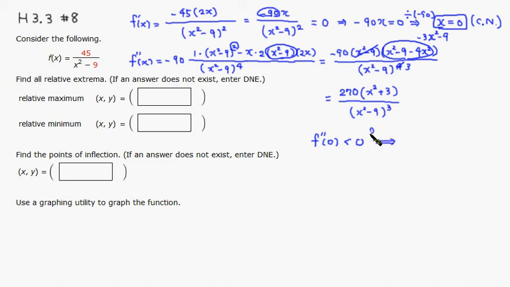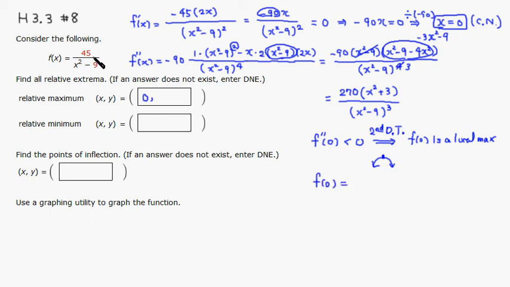So by the second derivative test, we know that f of 0... Remember, second derivative is negative, which means that we have a concave down shape, and we're looking at the critical number here, so it's going to be a local max. So the local maximum occurs at 0 comma... I have to find the corresponding y value by plugging 0 into the original function.